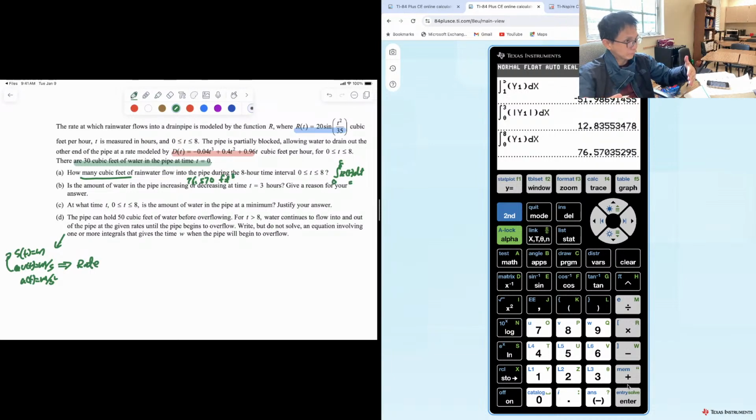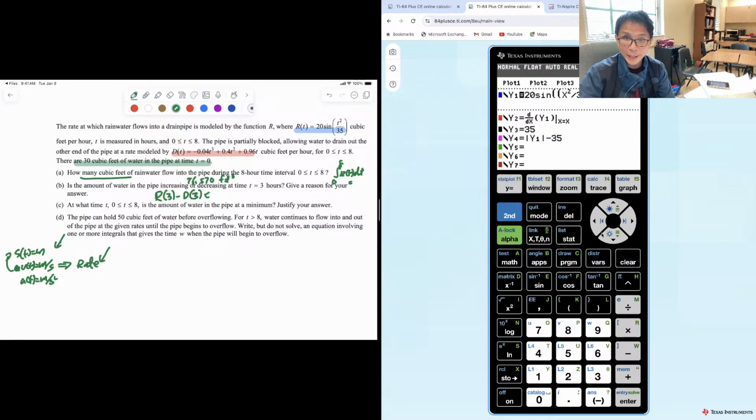Is that okay? So I'm going to go back to the rate. Basically, they just want R of 3 minus D of 3, and look at, are they positive or negative? So I am going to go to D of 3.